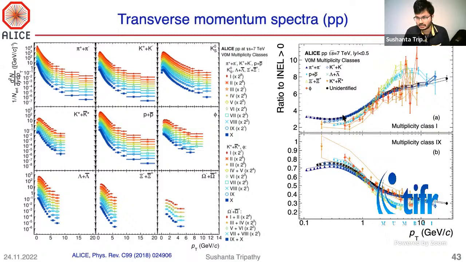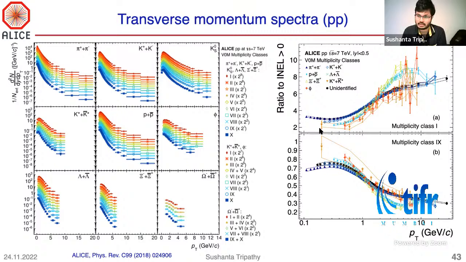You see that at low pT there is a mass ordering, and at high pT the baryon-meson separation seems to be seen, but given the high statistical as well as systematic uncertainties, it is not very significant.